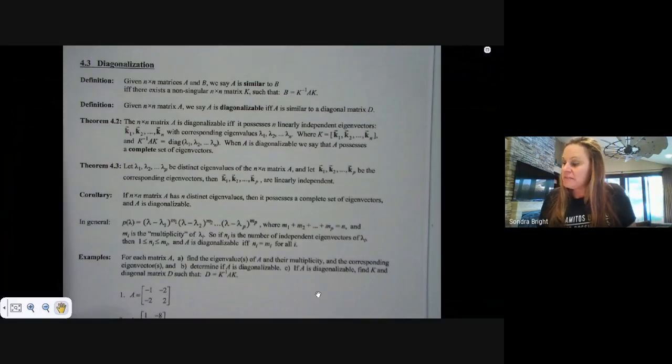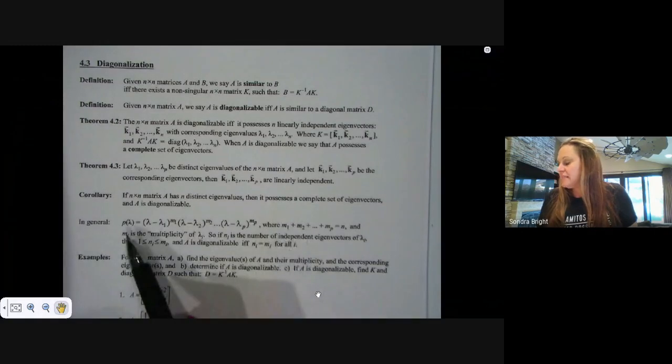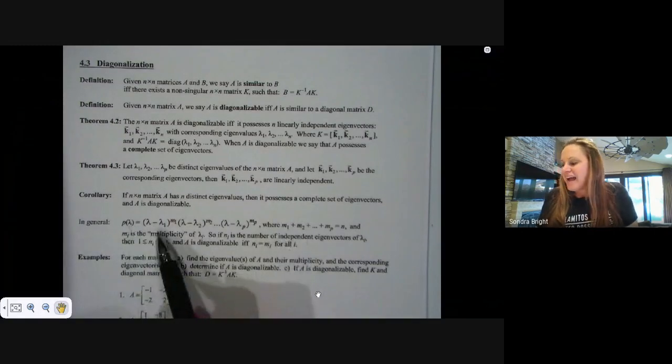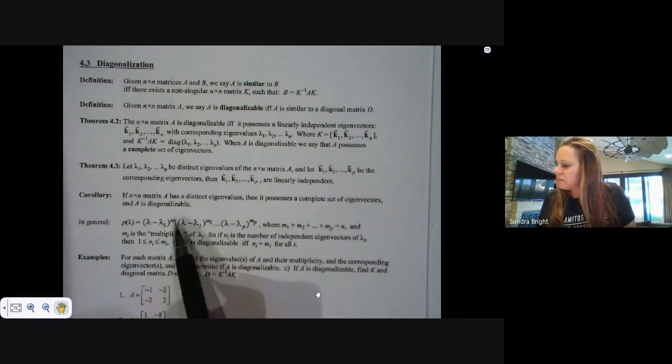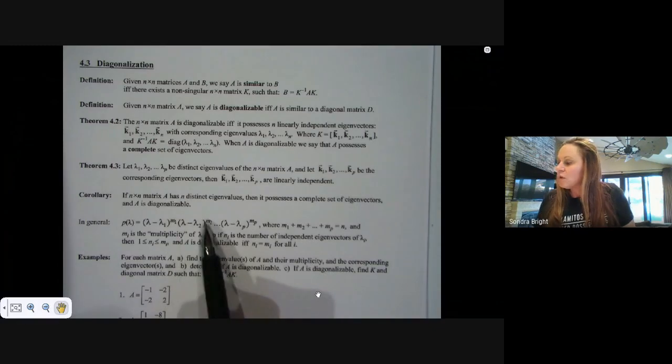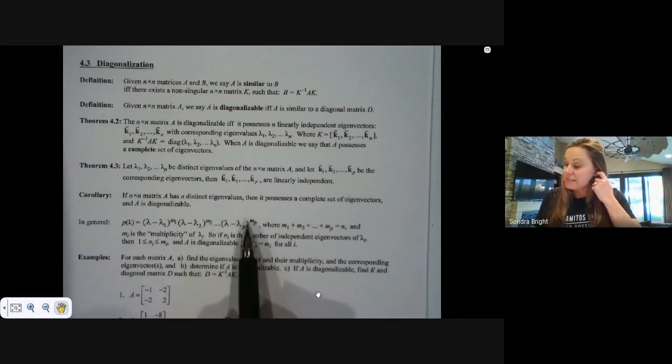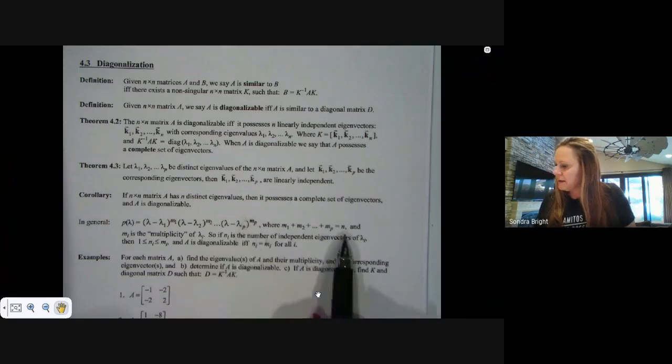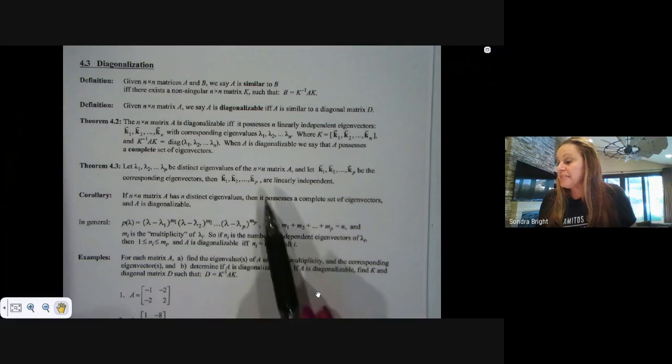And then in general, remember this is your characteristic polynomial. You'll have lambda minus each of the eigenvalues, and the m's are exponents, so you'll have all these factors. If you add up the exponents, they equal n, the size of your matrix, where m_i is the multiplicity of each eigenvalue.